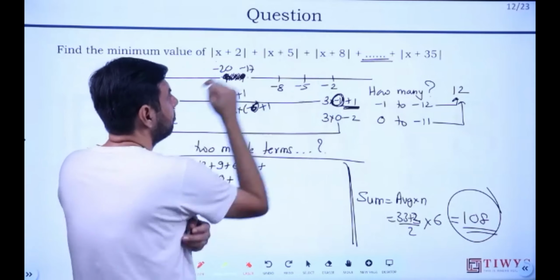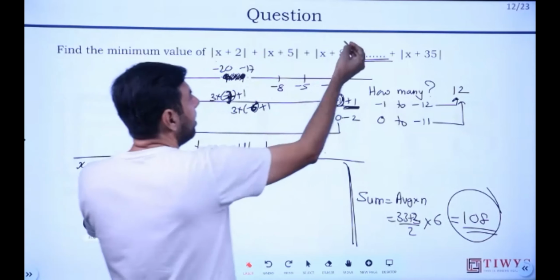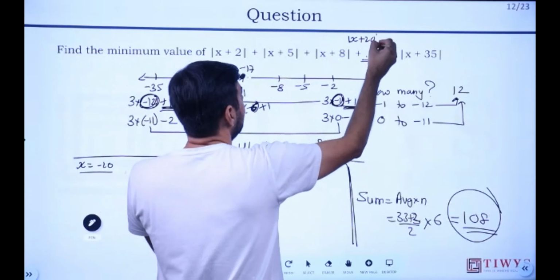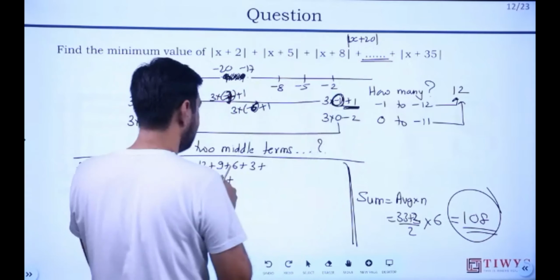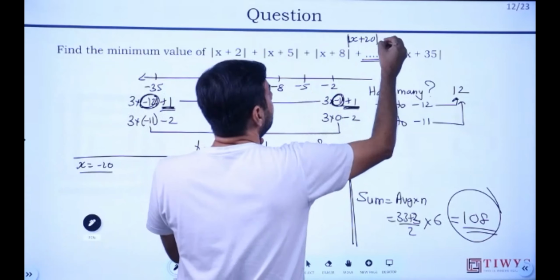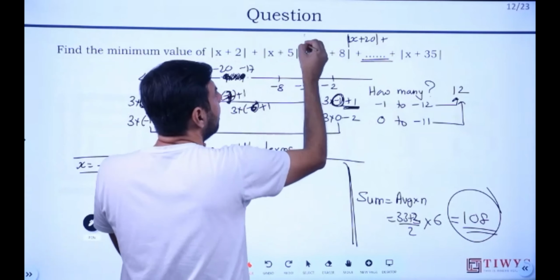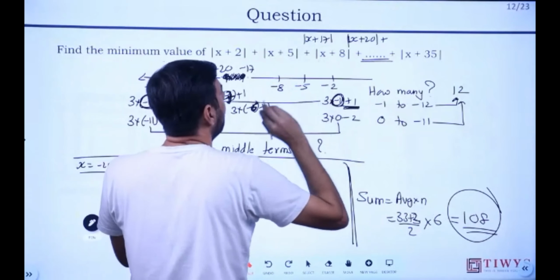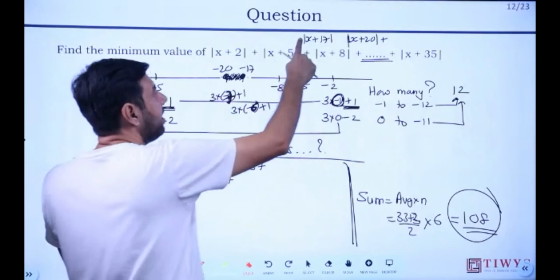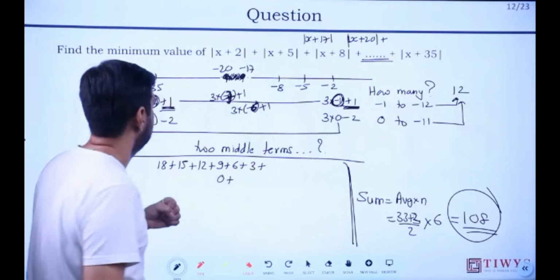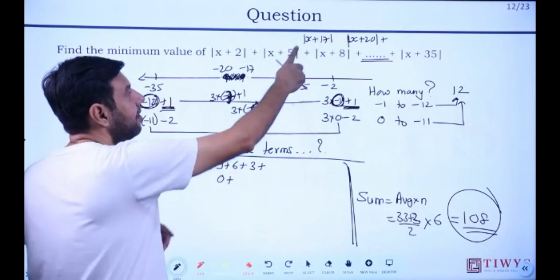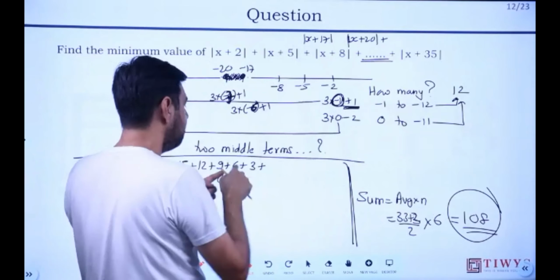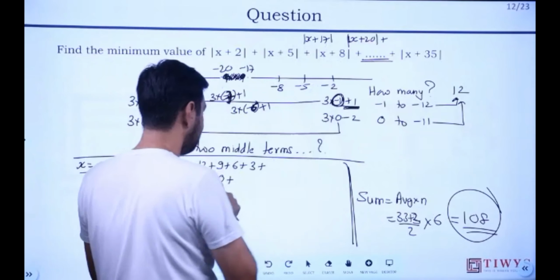How do I show it to you now over here? There's a term in the middle which says x plus 20. So you put -20, this becomes 0. There's a term over here which says x plus 17. We are plugging -20. -20 and 17 is -3, mod is 3. -20 and 20 is 0.